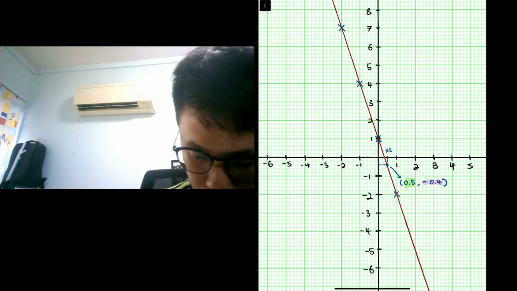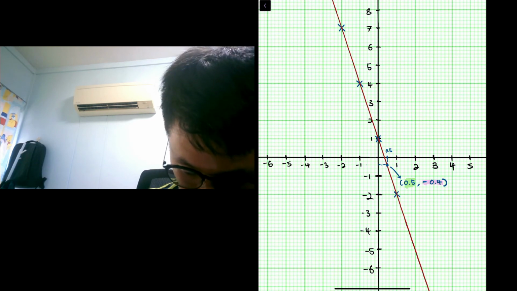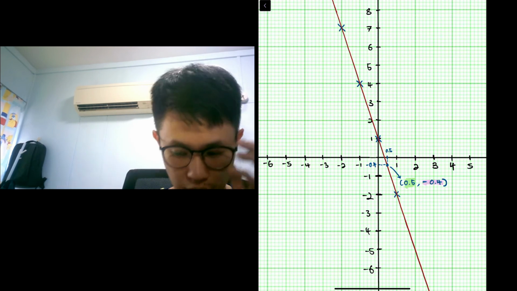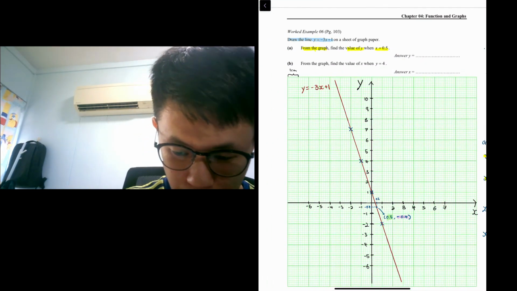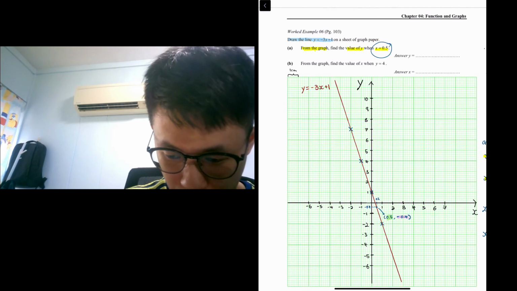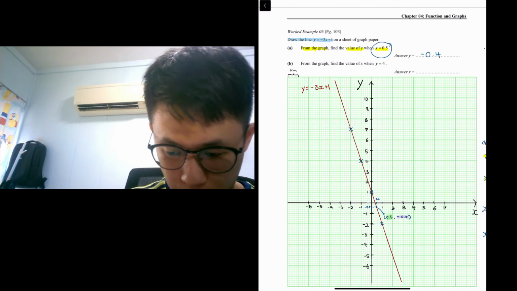At this blue line here, this is actually negative 0.4. Can you all see the lines here? The lines are very important here. So I can say then when x is equals to 0.5, y is equals to negative 0.4.